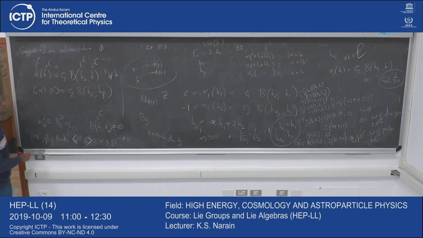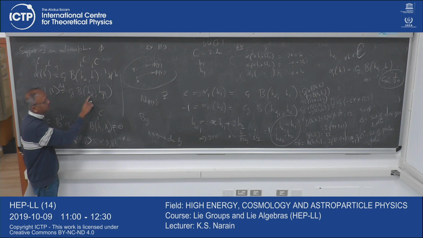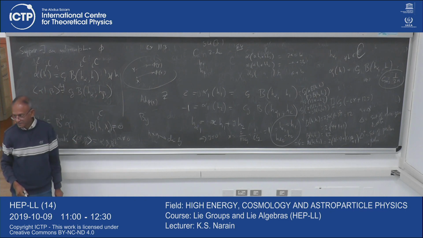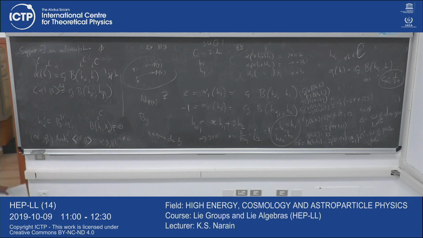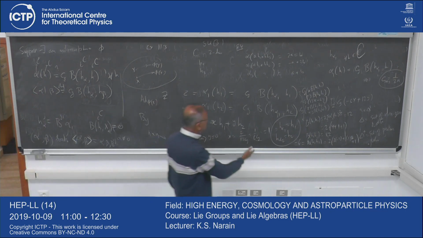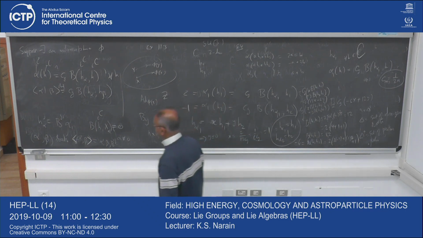Then this is your definition, that the inner product between the roots themselves is given by the Cartan-Killing form between H alpha and H beta. Now that we know what H1 and H2 are, we can determine all the metric.